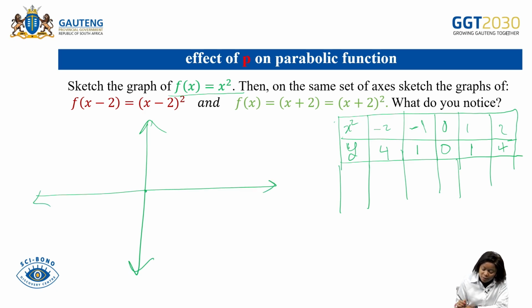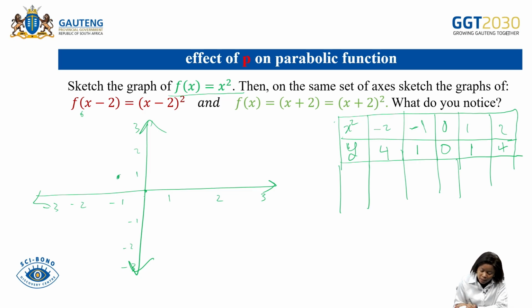Okay, so on this graph, you'll have 1, 2, 3, negative 1, negative 2, negative 3 on the axes. Right? Okay, so when x is negative 2, y is going to be positive 4. So it's going to be somewhere up there. Then when x is negative 1, y is going to be positive 1.